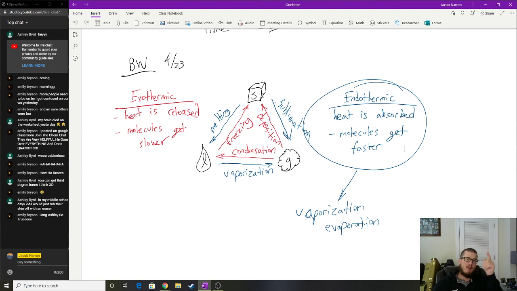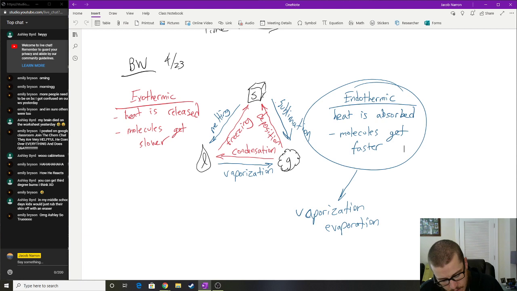Yeah, it can get it from the sun, but it's making direct contact with your body. So it's absorbing energy from your body. So you feel it as very, very cold because you're giving that heat energy to the water droplets so they can eventually evaporate. So evaporation, endothermic phase change. And so therefore it feels cold as it's happening. Okay, there you go. Pretty cool.